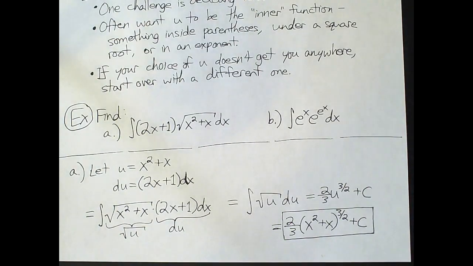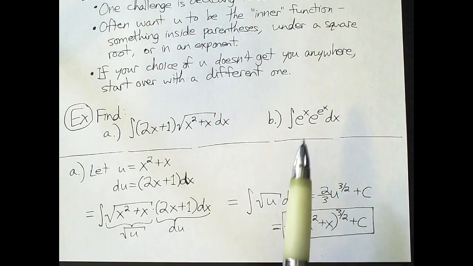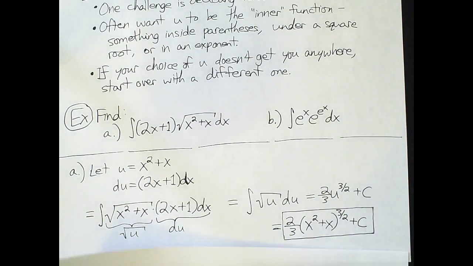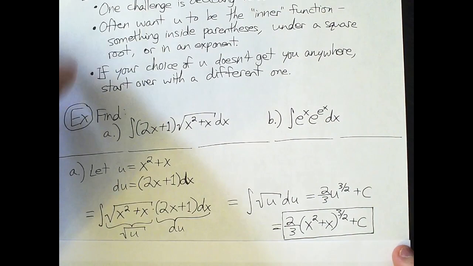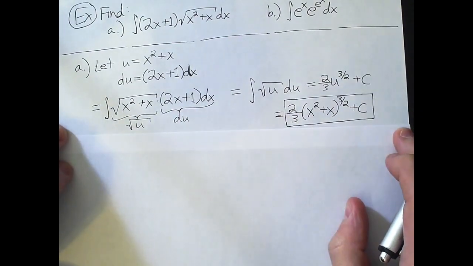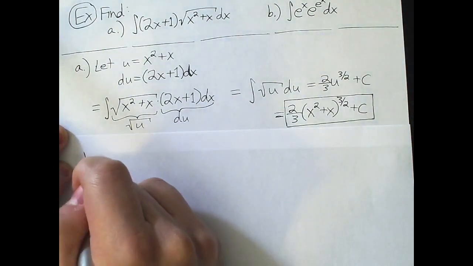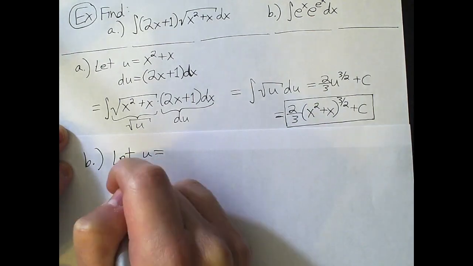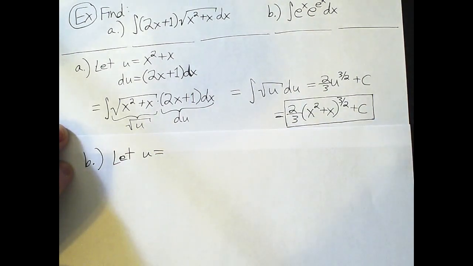Let's look at this function that I wrote for part B. E to the x, e to the e to the x. That's interesting. I don't even know what that function would look like if we were to graph it. It's kind of unusual. How are we going to integrate it? Well, substitution rule. Let's let u equal something. Now, we want u to be something that's easy to differentiate, and when we differentiate it, we want the derivative to be something that appears in the original problem.